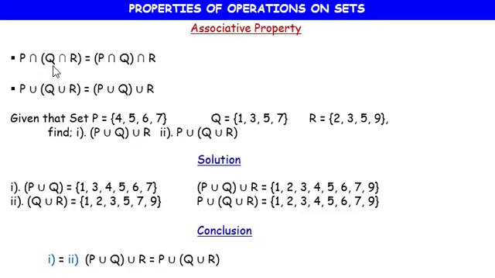So P intersection into bracket Q union R is the same as P intersection Q into bracket and then intersection R. Similarly, P union into bracket Q union R is equal to P union Q in brackets and then union R. Right, so this is an illustration of the associative property. Alright, okay, let's move on.